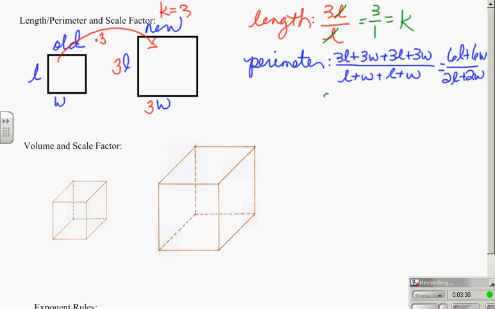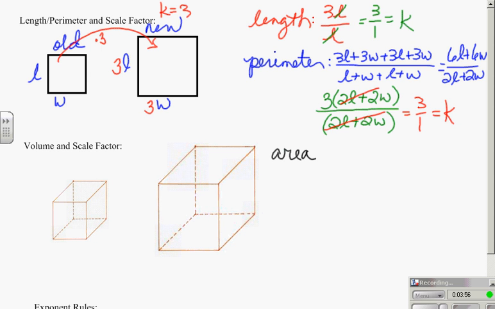Now if I do a little bit of algebra on the top and I factor out a 3, I'm going to have 3 times the quantity 2L plus 2W all over 2L plus 2W. And what we see can happen is these cancel. And again, my ratio of perimeters is 3/1, which is k.